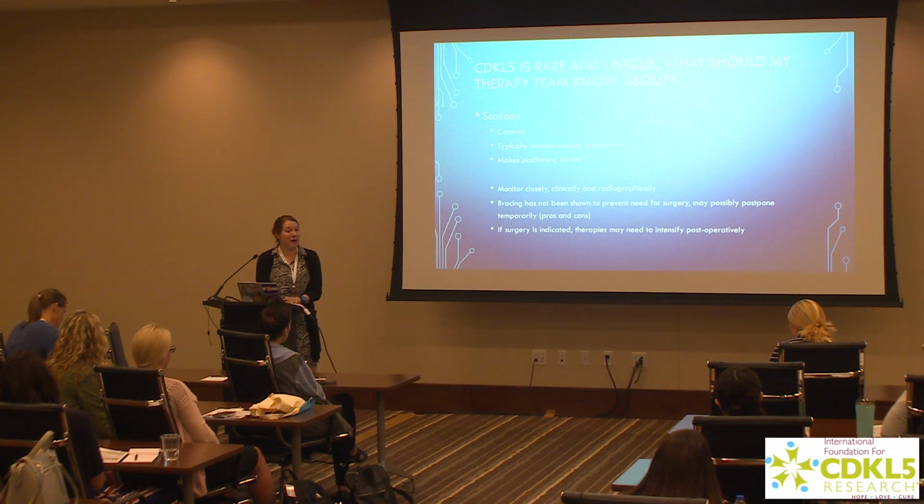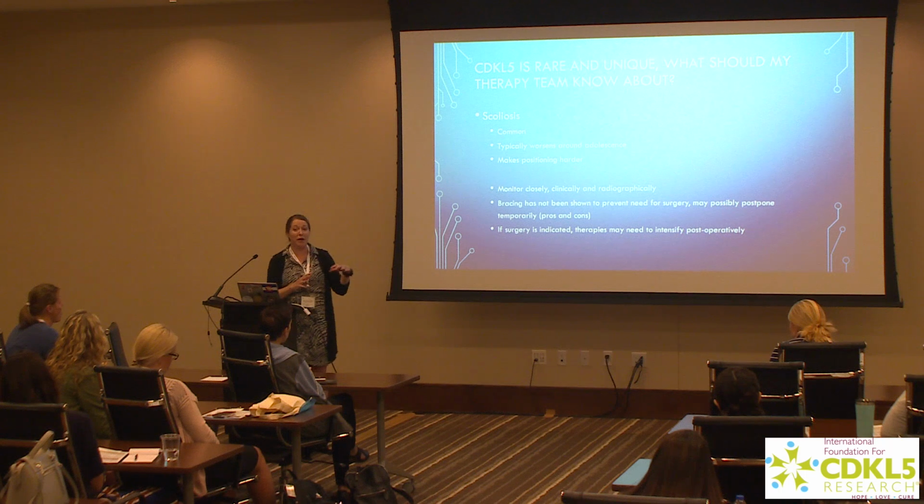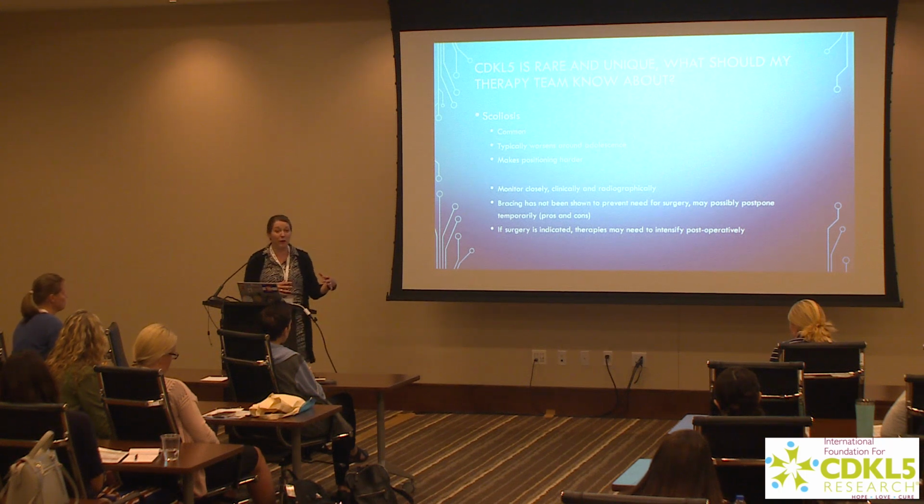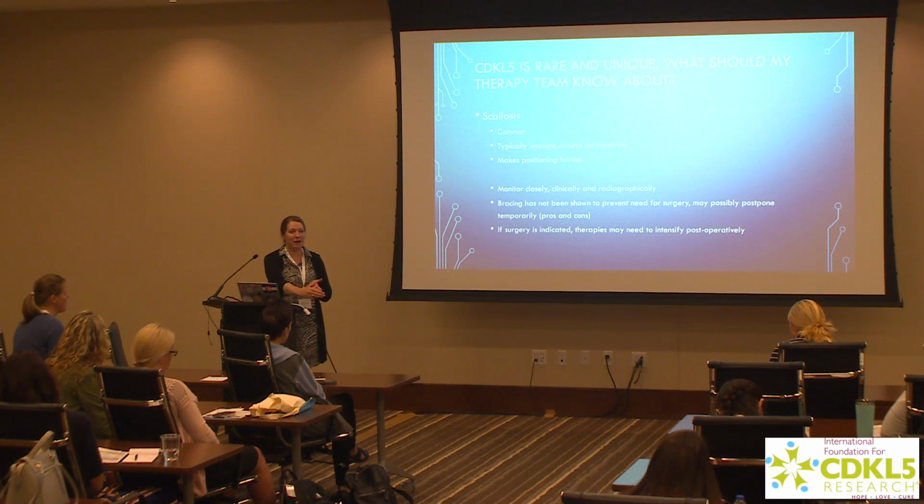But that may be helpful if your child is having a particularly rough time clinically with respiratory status or seizure status, and you do not feel comfortable with them going through a big scoliosis surgery. Brace for the meantime and see if you can get through that rough part medically and then move on to surgery.